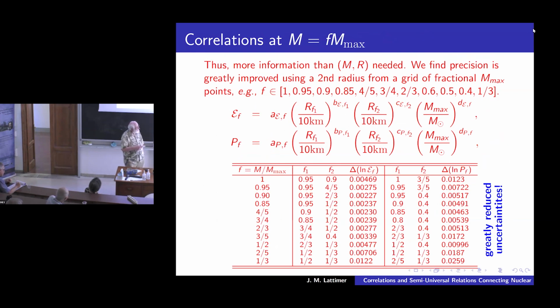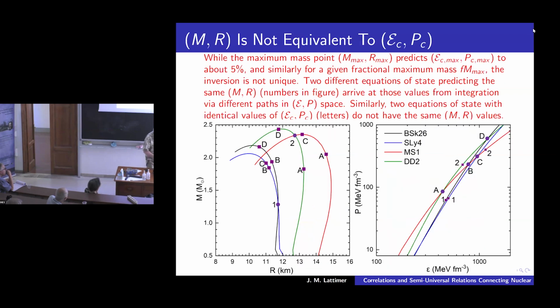improve this correlation. So we found actually if you take two different radii at fractional points along the mass radius curve, you can achieve accuracies in determination of the central pressures and energy densities of stars to much better than a percent accuracy in general. And these are analytic formulas. So the idea would be that you can actually analytically invert a mass radius curve.